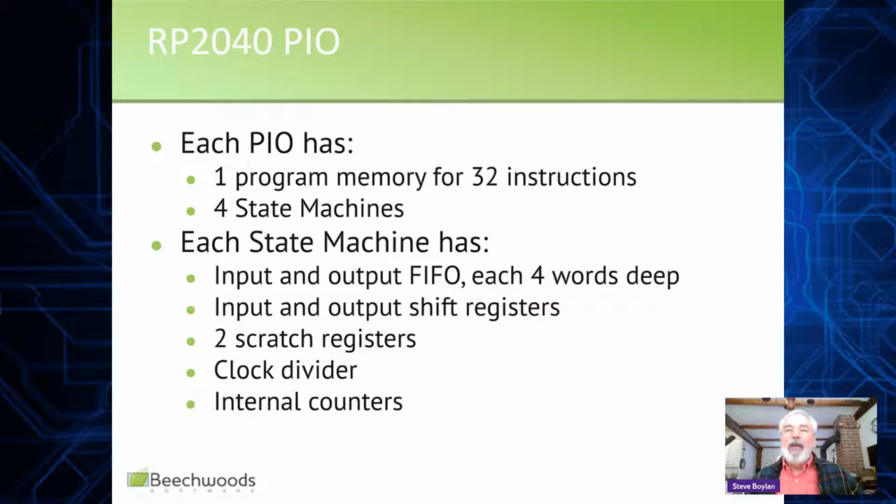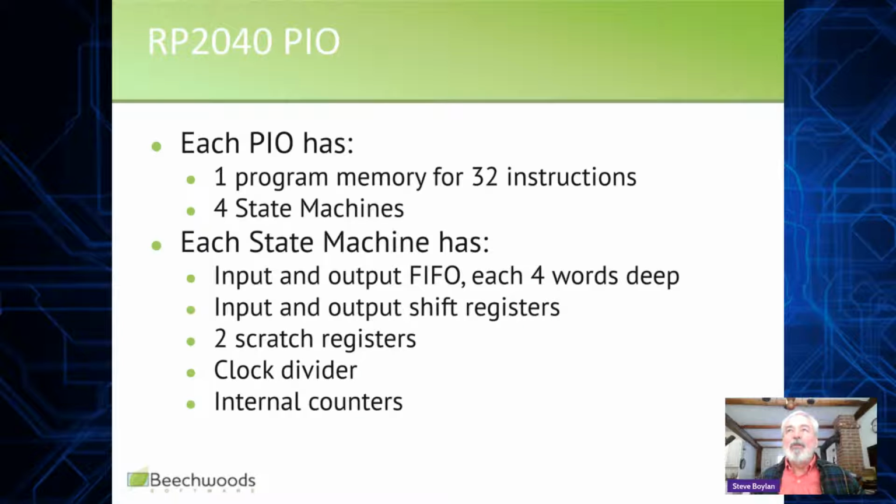The PIOs run at system clock speed. So each PIO instruction can be executed in as little as one instruction. One of the fun things about the PIO is you can have complete control over the IO pins on the RP2040.